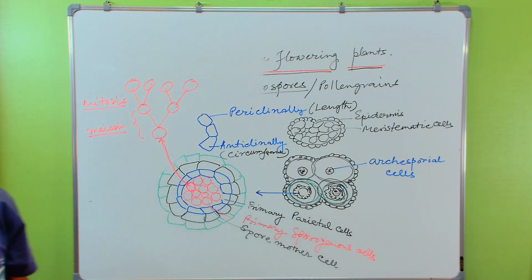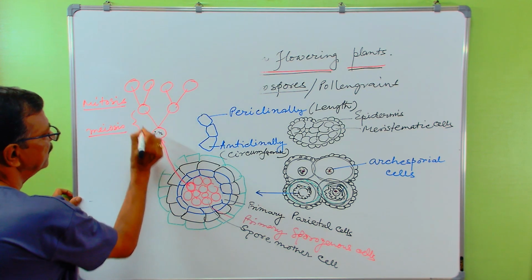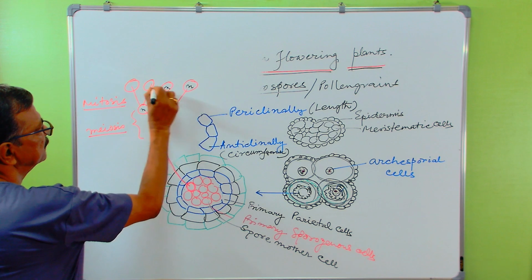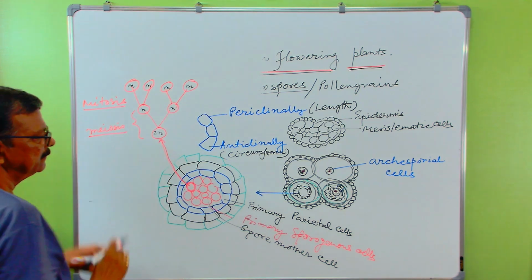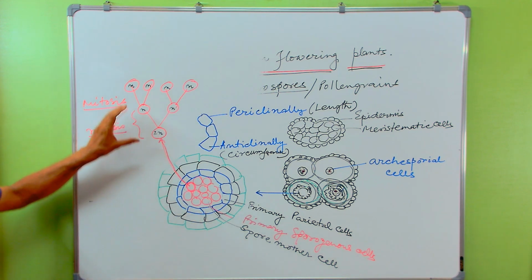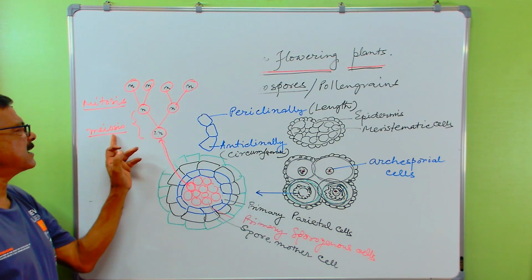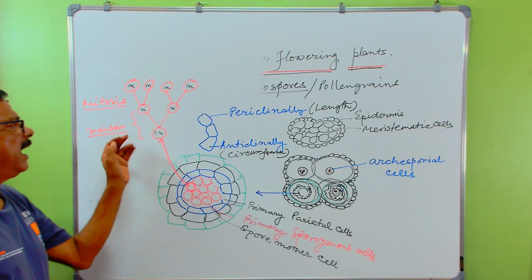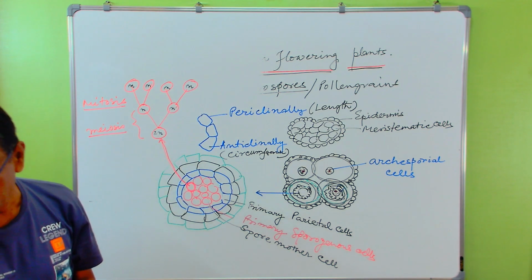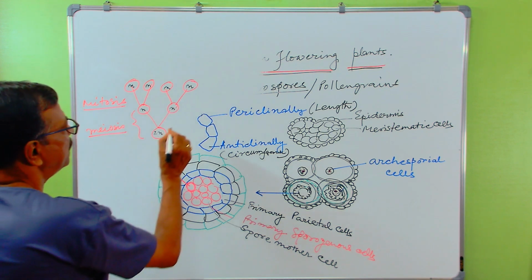So this is 2N. The spore mother cell undergoes two successive divisions, of which the first one is reduction division or meiosis, followed by mitosis, and produces 4 microspores or pollen grains.